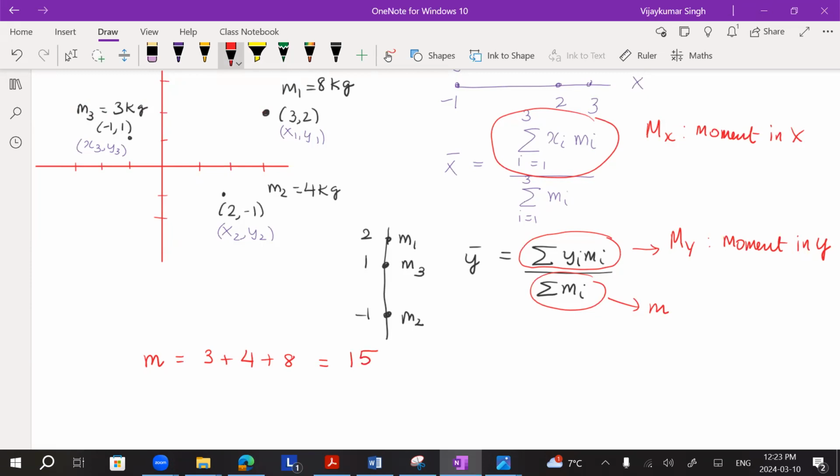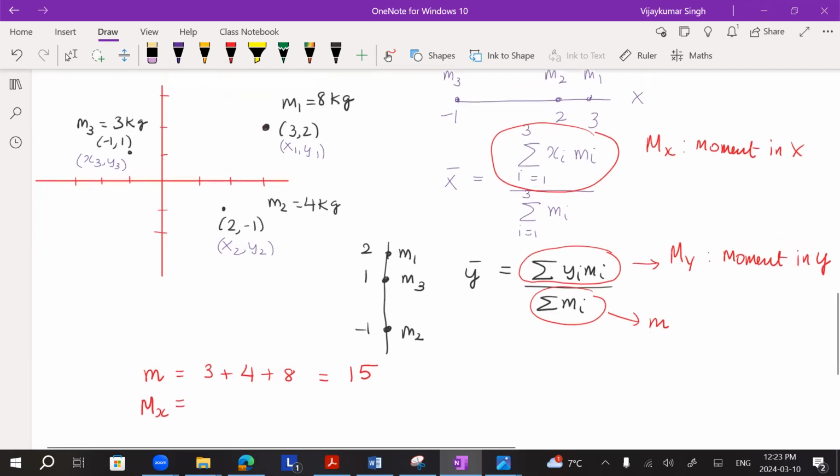Now let's compute mx. Again, a word of caution: in Stewart's book, mx and my are interchanged. So when you're doing Webwork problems, you just interchange them.